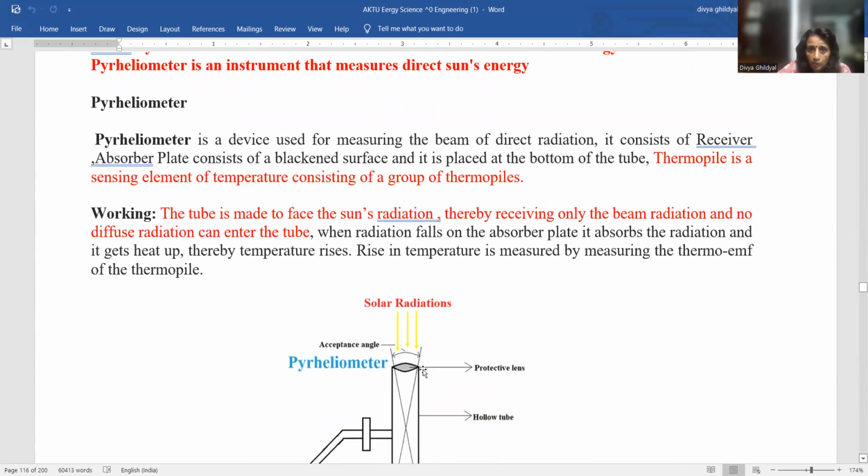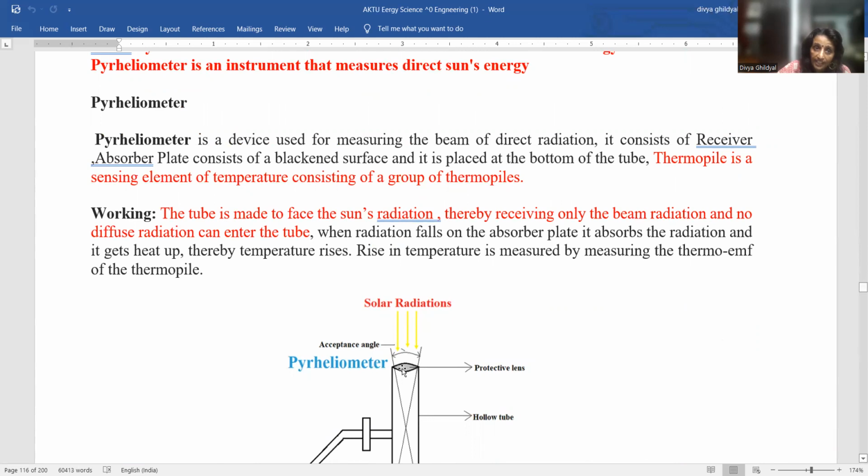The tube is made to face the sun's radiation. See, direct rays are falling here. Can you see? Direct. And thereby it receives only the beam radiation, and no diffuse radiation can enter this tube. And this is a very good point, because direct radiation carries a large amount of heat.